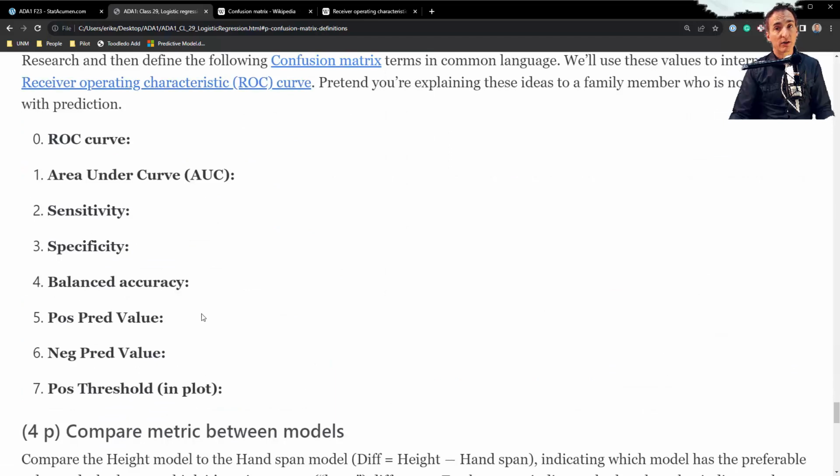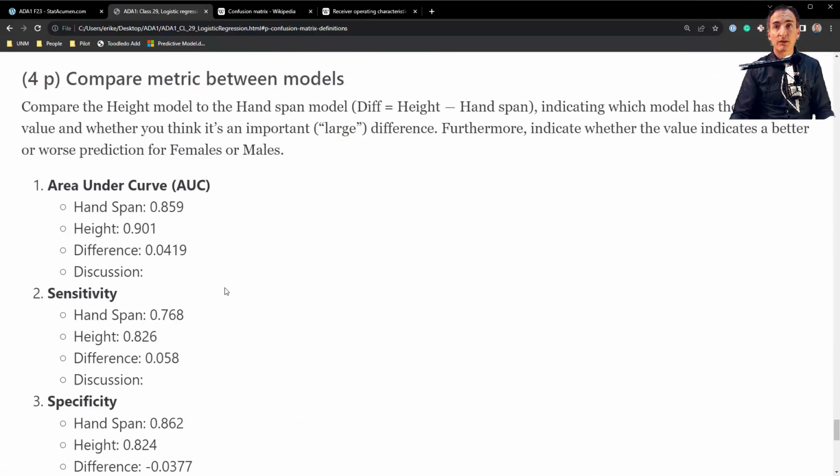So having defined all those, we can compare each of these statistics between the two models. So we've got, for example, the area under the curve is 0.859 for handspan and 0.901 for height.